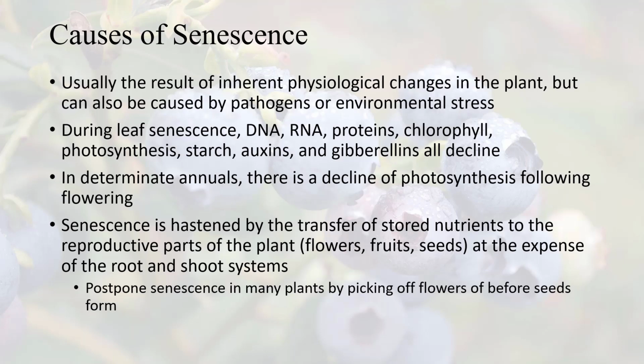In your annuals, particularly your determinate annuals, there is a decline in photosynthesis following flowering. The flowering is, especially with your annuals, going to be a big trigger ultimately for the death of your plant. And what is actually happening is your plant is taking its resources that it has used to grow up until this point, and then it puts all those resources into flowering and then into fruit development.